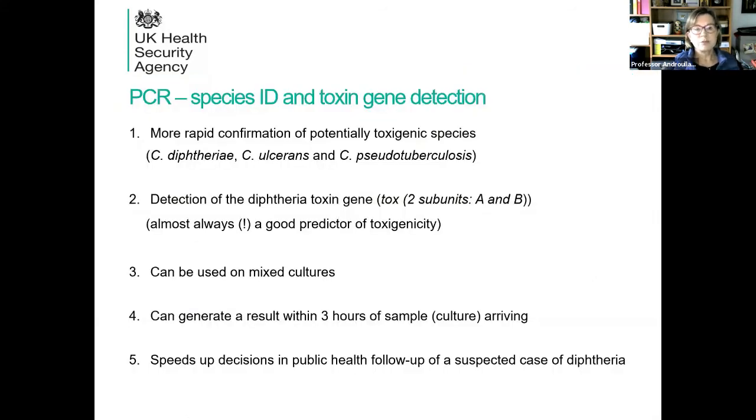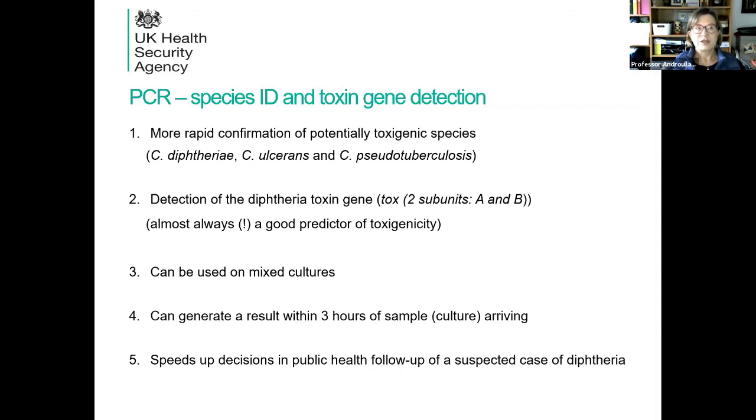Okay, so PCR, it's extremely useful. It's rapid and it will confirm potentially toxigenic species. It will detect the diphtheria toxin gene, so it's a good predictor of toxigenicity, but it will not confirm biological expression of a toxin.